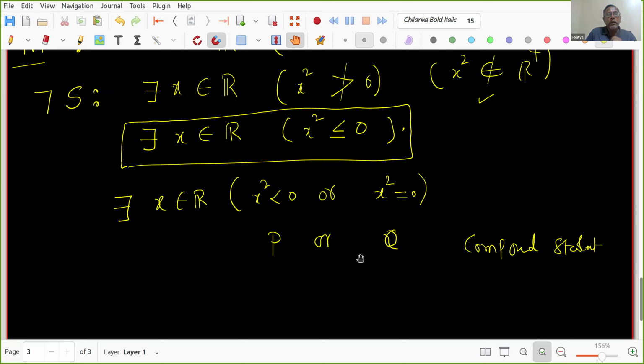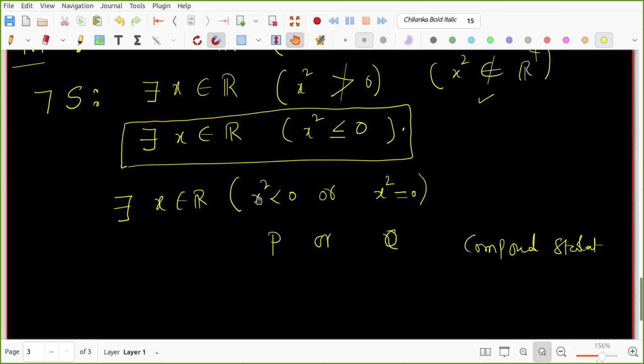Okay, you have a little confusion. See, this statement is true whether x square is less than 0 or x square equals 0. If one of them is true, the statement is true, right? Can you find a real number whose square is less than 0? You cannot find one. So this statement is always false.